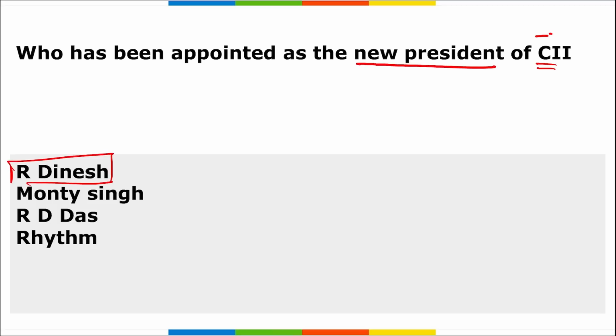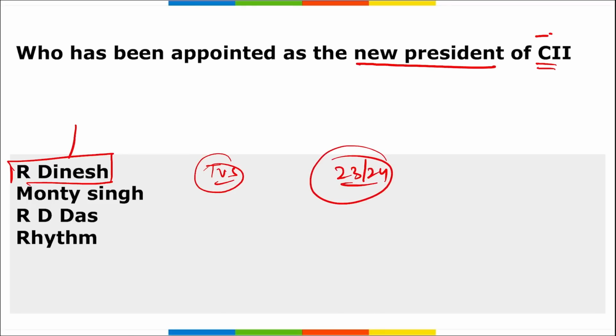Correct? R. Dinesh, the Executive Vice Chairman of TVS Supply Chain Solutions, has been appointed as the new president for the year 23-24. He will be succeeding whom? He will be succeeding Sanjeev Bajaj.